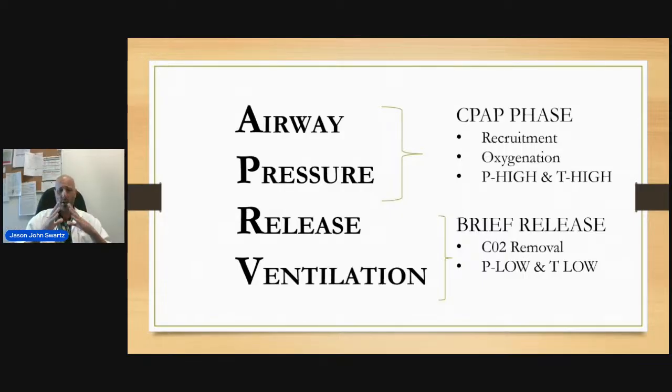So that T low is going to be the difference between the peak expiratory flow and 75% of the peak expiratory flow. So the difference in that time for that flow to descend to that level is your T low setting. That's how you're going to trap 75% of the peak expiratory flow.